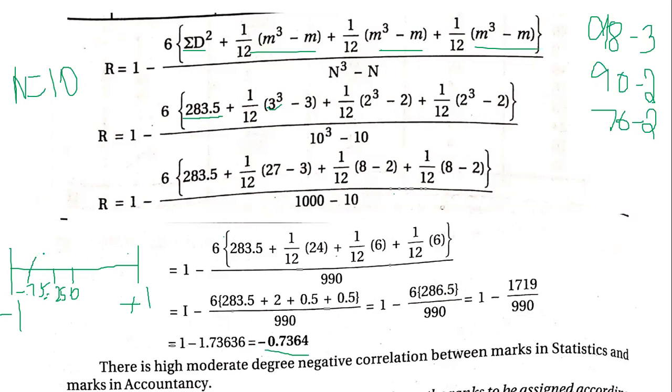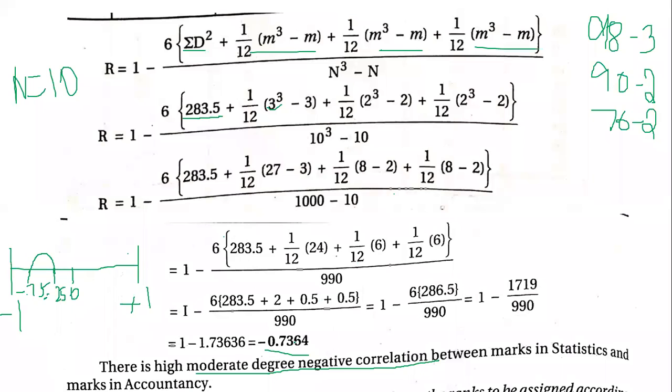So this lies between 0.75 and 0.25 on the negative side. So it is moderate degree negative correlation. The first thing to understand is it is moderate degree negative correlation. Since it is a negative number, it is negative correlation, and it lies between 0.25 and 0.75, so it is moderate degree.